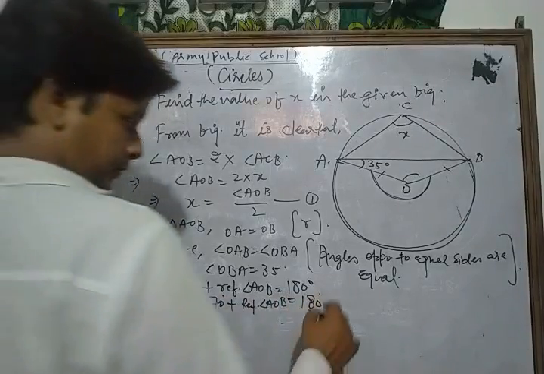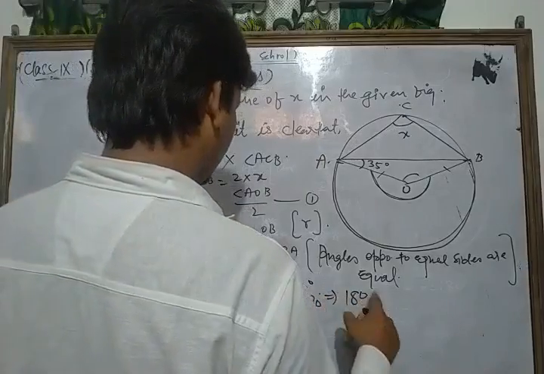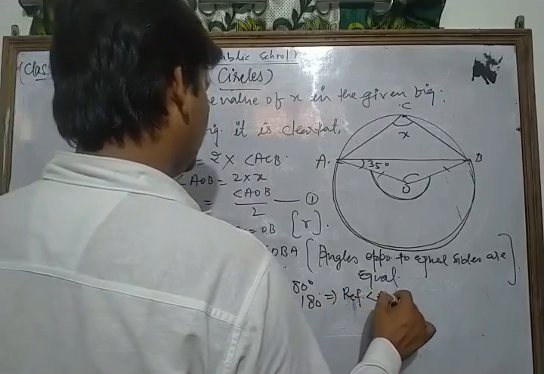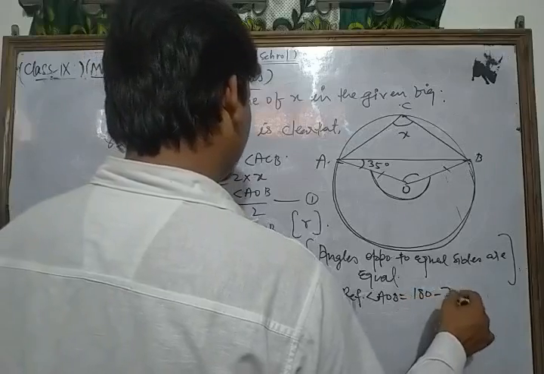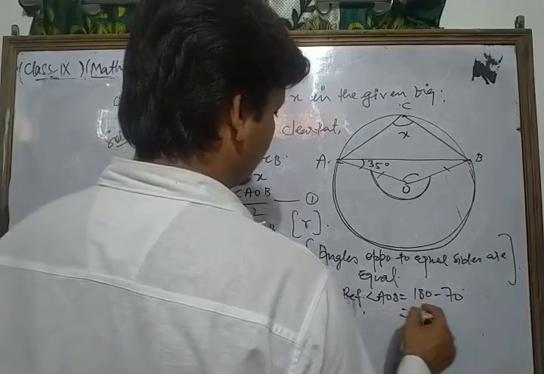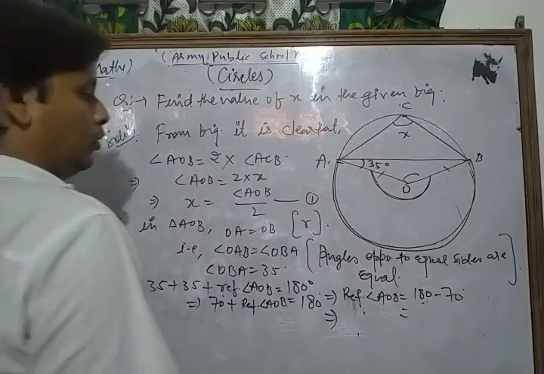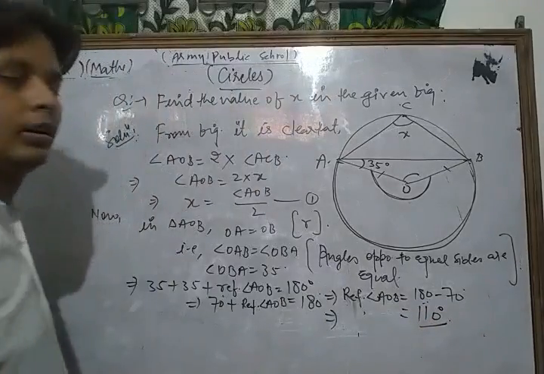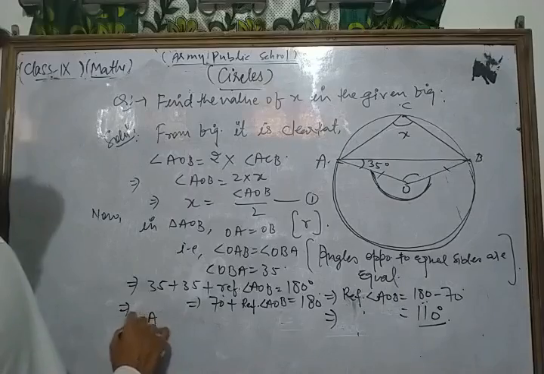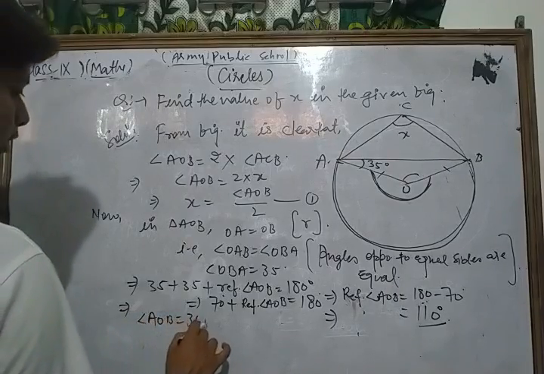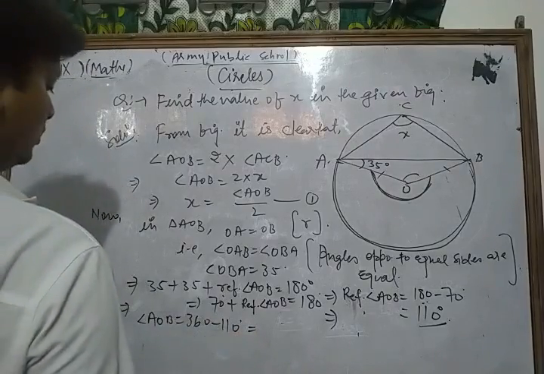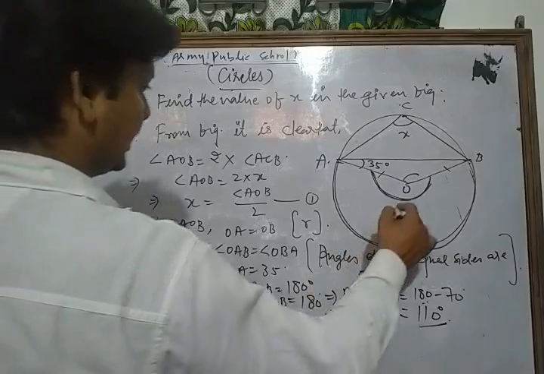Now from there angle AOB is equal to 180 minus 70, which is 110. Then the reflex angle AOB is 360 minus 110, that is 250 degrees.